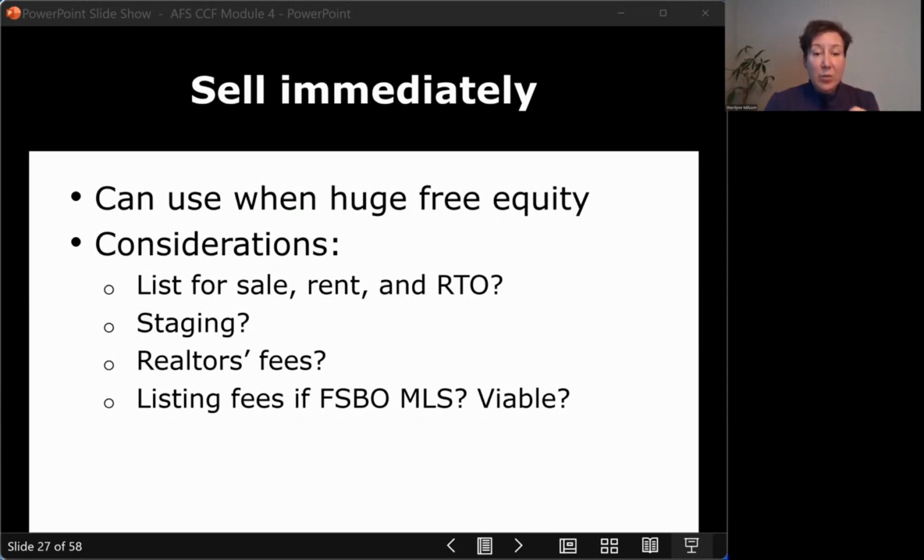The other reason why I say, is it viable on the FSBO MLS listing, is because there are a lot of buyers' realtors out there who will try to take advantage of you as a FSBO seller. They will often assume that you are an uneducated, inexperienced seller and will try to pull the wool over your eyes.